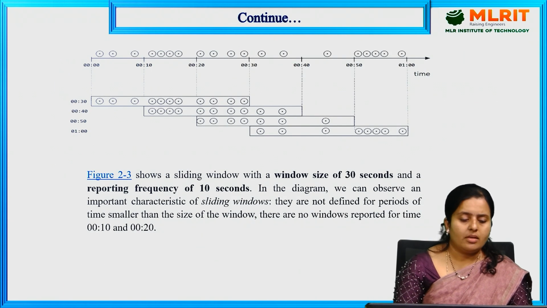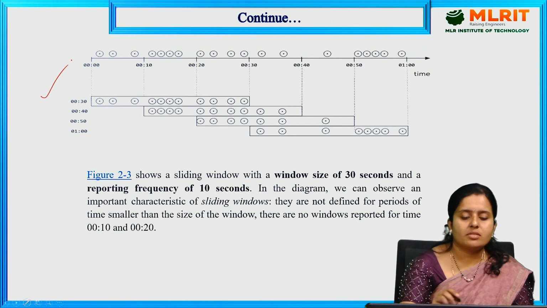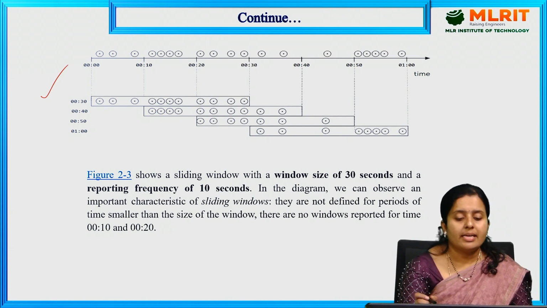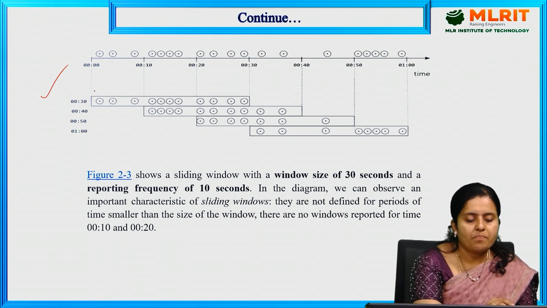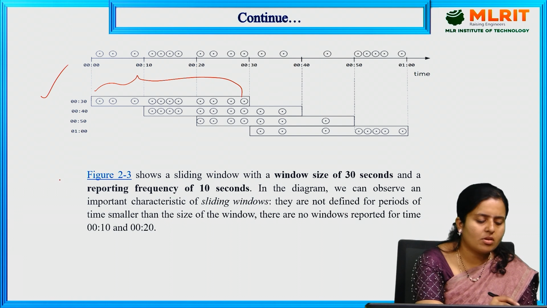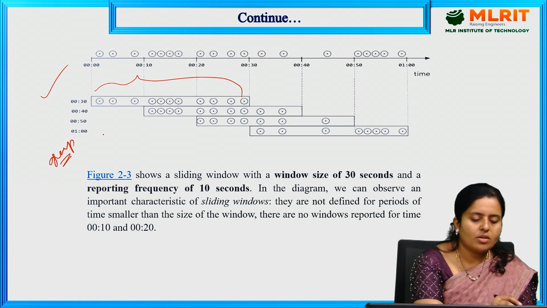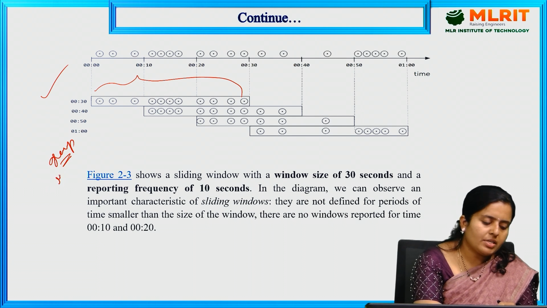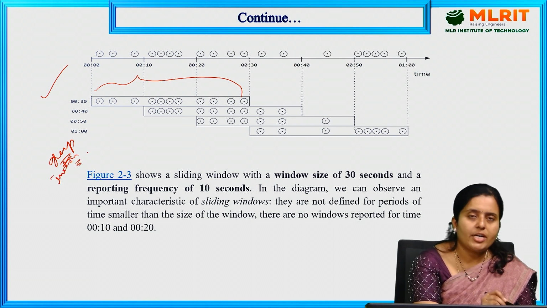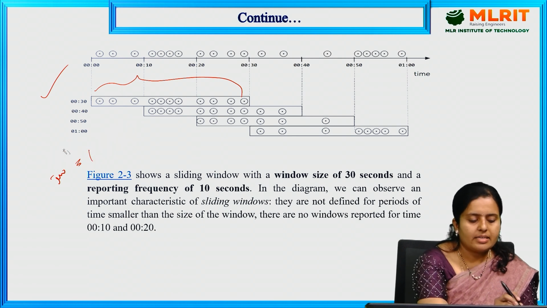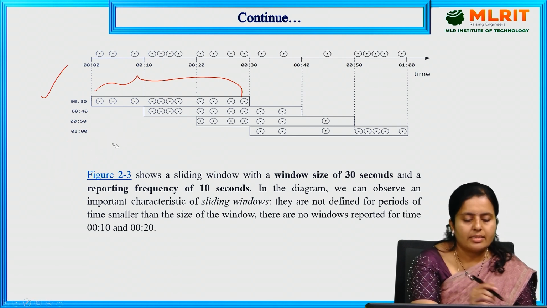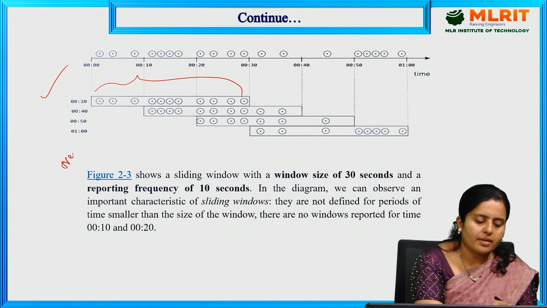Now we can see the diagram for a sliding window. As I have told you, these are not individual windows, these are groupings of events. We calculate the windows based on some group. Instead of executing individually, in a sliding window all the windows work as a group, and there may be chances of overlapping.